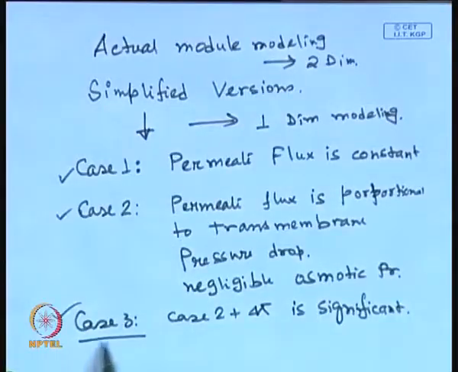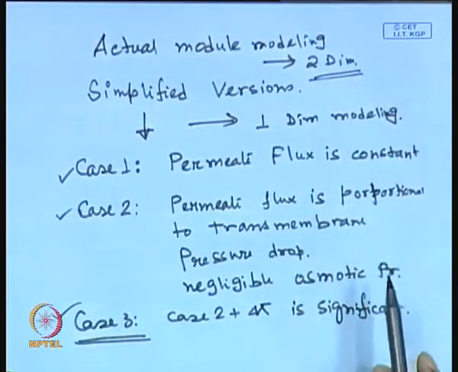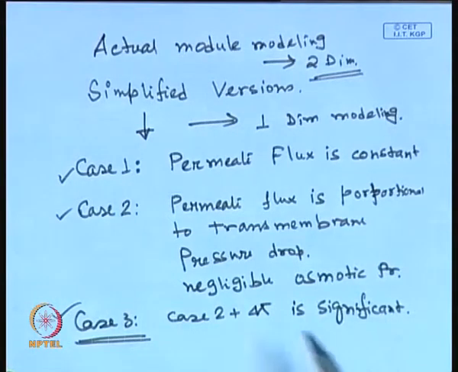Case 3 is the more realistic model under one dimension, but the actual modeling goes to two-dimensional calculations, and that becomes entirely numerical from the very beginning. So we will do cases 1, 2 and 3 so that the increasing complexities can be incorporated into the modeling, and we will see how that affects the system performance.